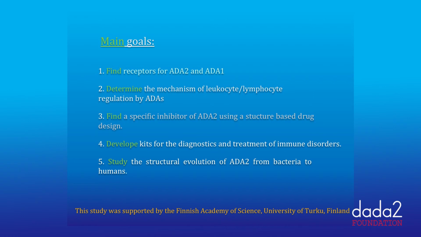Then we'd like to continue developing kits for diagnosis and treatment of immune disorders, including AD2 deficiency. And then we want to continue studying the structural evolution of AD2, because now we have AD2 from bacteria to humans. So we can crystallize AD2 from mammals compared to bacteria, from flies, from frogs, and so on. That's it.